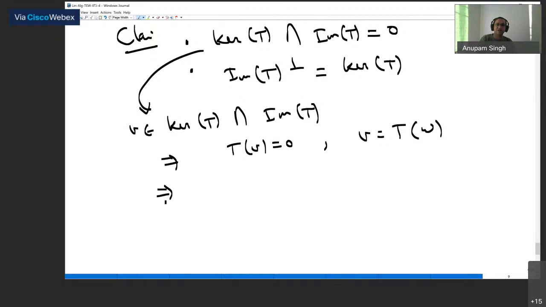But this together will imply that the norm of T of V is 0 because T of V is 0. Wait a second, what am I saying?